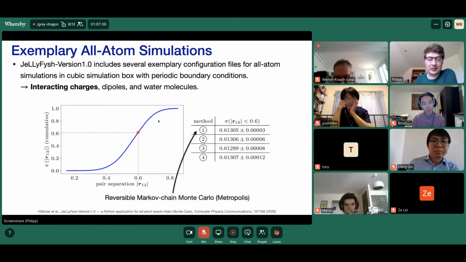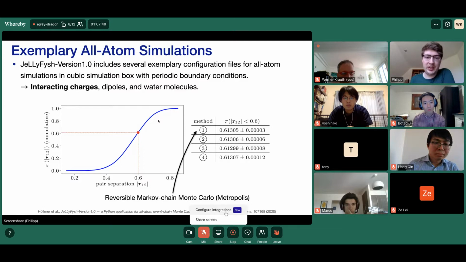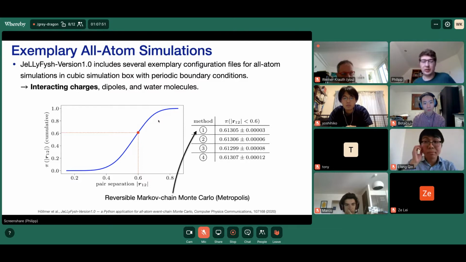And as I said, if you run this simulation, it will actually sample the pair separation between your equally charged charges. And what we plot here is the CPDF. We also ship a plotting script to create this plot. Here we plot the CPDF for different methods. The very first one is the reversible Markov-chain Monte Carlo, so the standard Metropolis algorithm, just to compare our numbers.